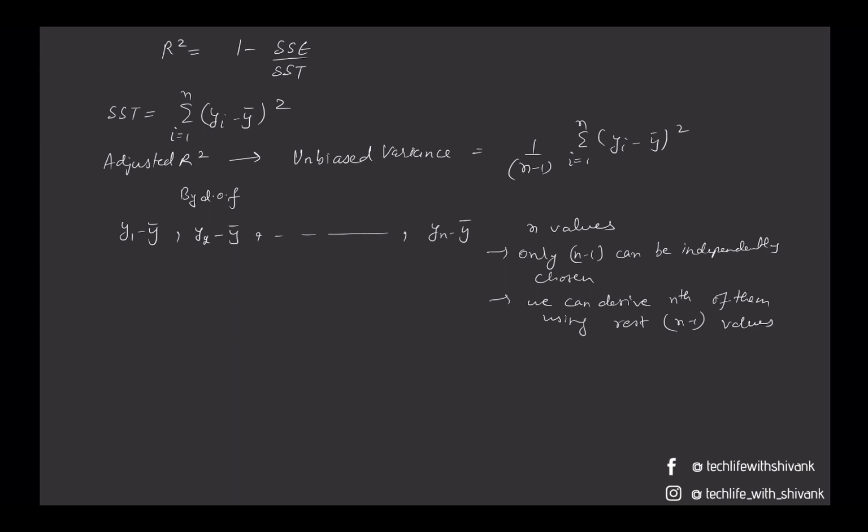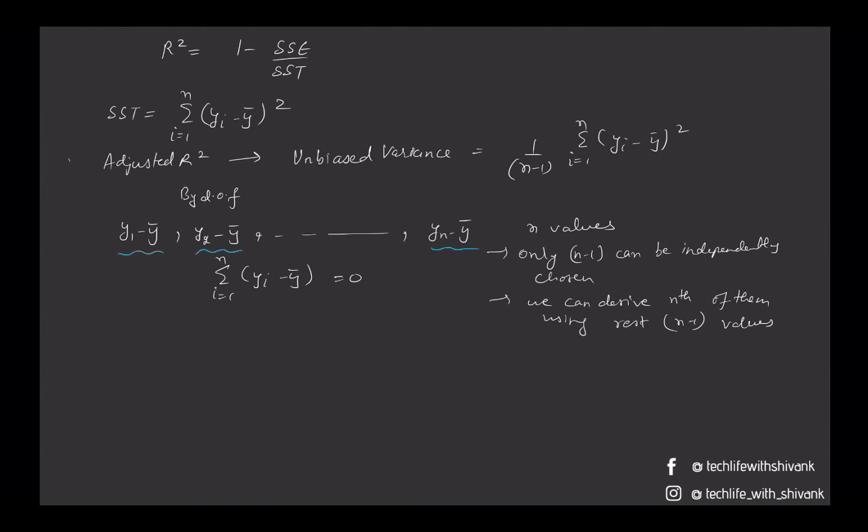This is because we know that sigma of yi minus y bar, i equal to 1 to n, is 0. Hence, if we know any n minus 1 values of these n values, we can automatically determine the nth value, and hence the degree of freedom is n minus 1, and it helps us obtain an unbiased estimate of variance in our data points yi.